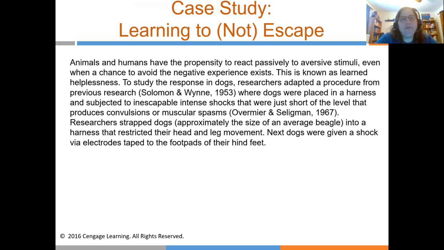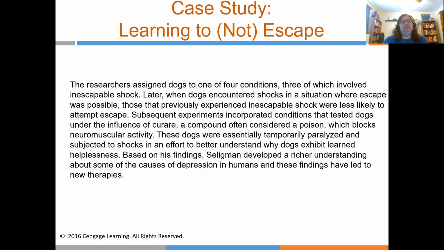Researchers strapped dogs approximately the size of an average beagle into a harness that restricted their head and leg movement. Next, dogs were given a shock via electrodes taped to the foot pads of their hind feet. The researchers assigned dogs to 1 of 4 conditions, 3 of which involved inescapable shock. Later, when dogs encountered shocks in a situation where escape was possible, those that previously experienced inescapable shock were less likely to attempt escape.